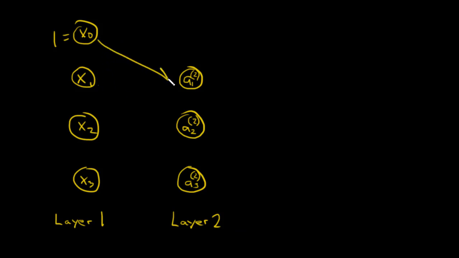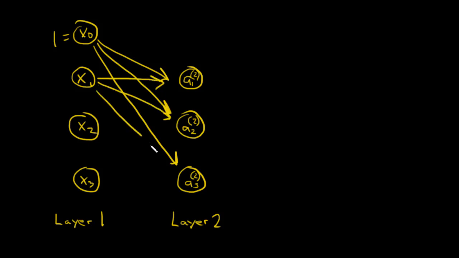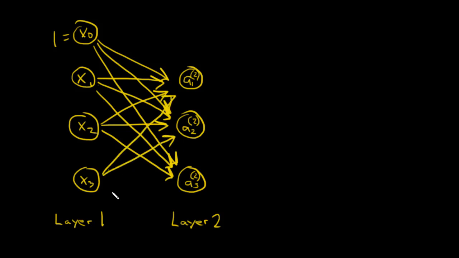So I've got all the different arrows coming from layer 1 into layer 2. Yep, that's a lot of arrows you get to draw when you start doing neural networks. And so we have layer 1 fully connected to layer 2.